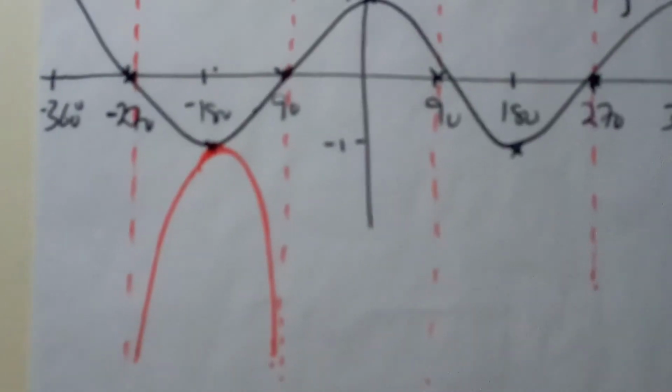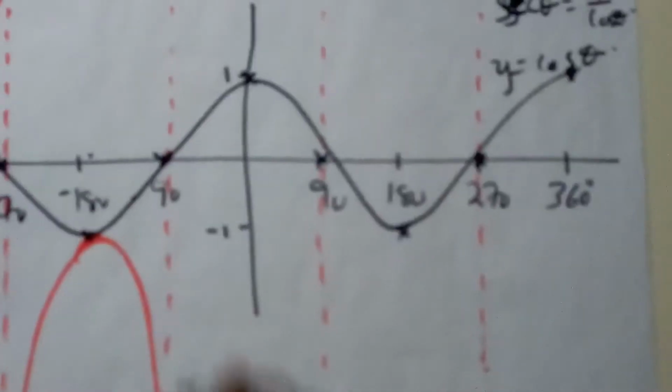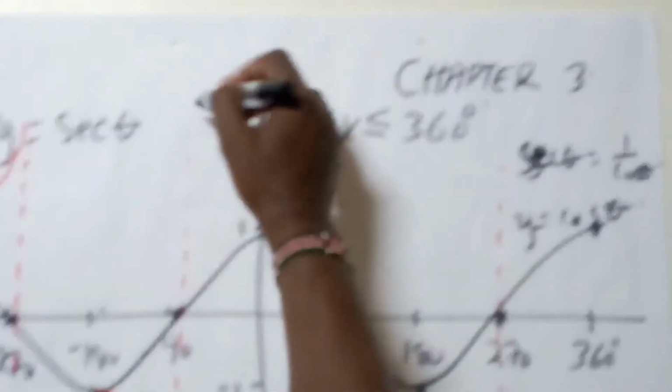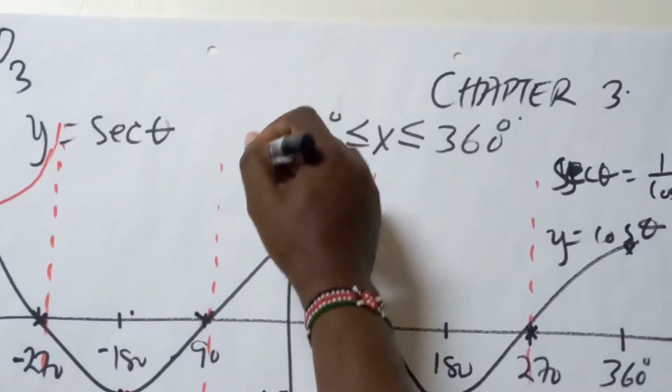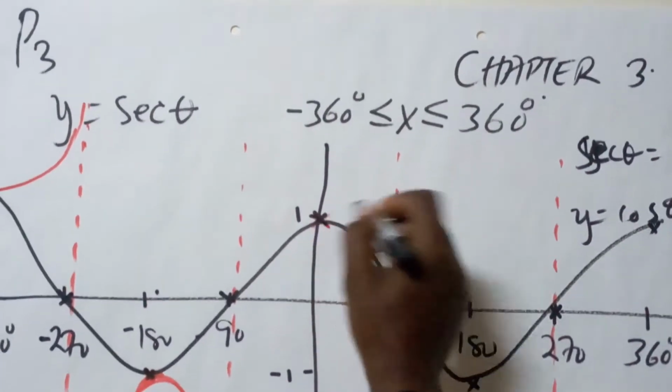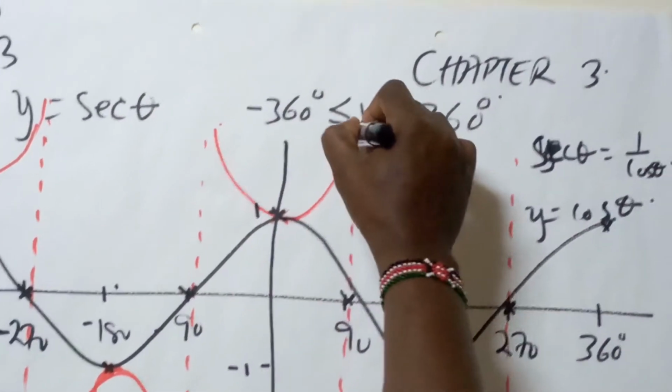What about 89? The cosine of 89 degrees is a very small positive number, and therefore 1 over it, the sec, is a very big positive number. Of course, 1 doesn't change.